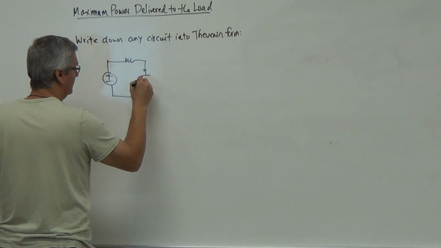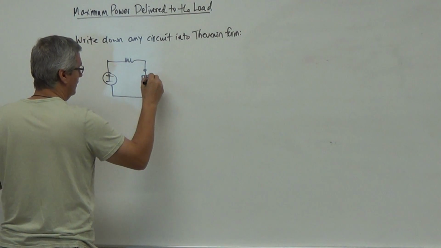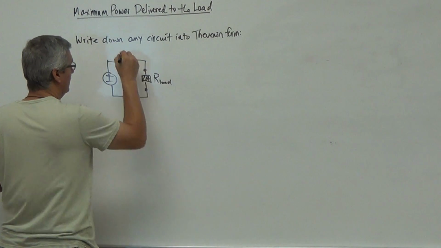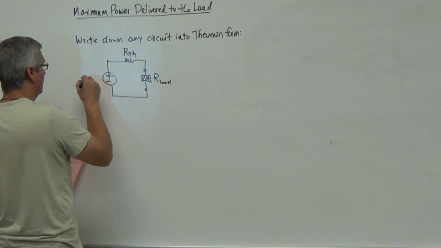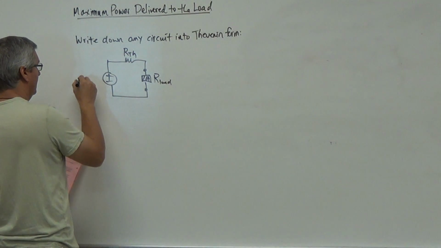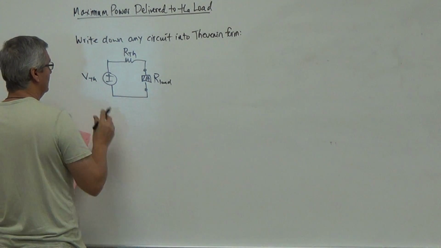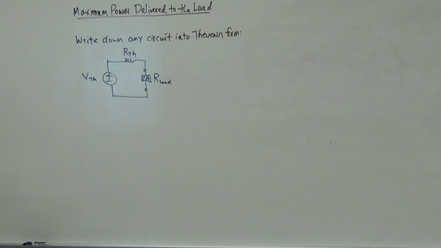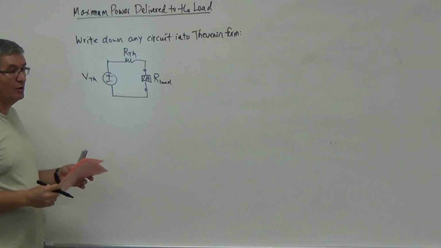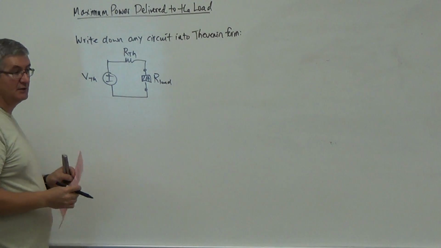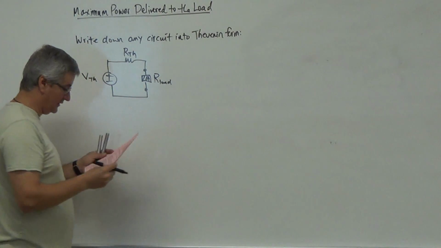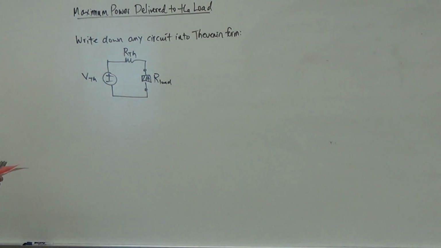Right, where this guy here is the load. In this case, this will be Thevenin. So if I put some resistor load here, if you look at this resistor load, we can easily calculate what that maximum power is here.